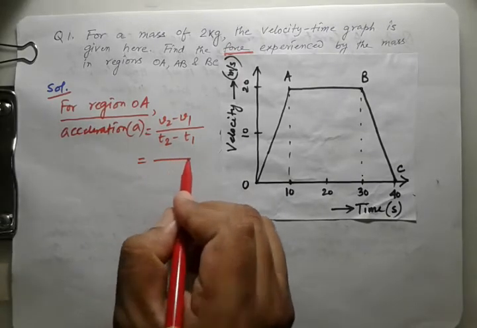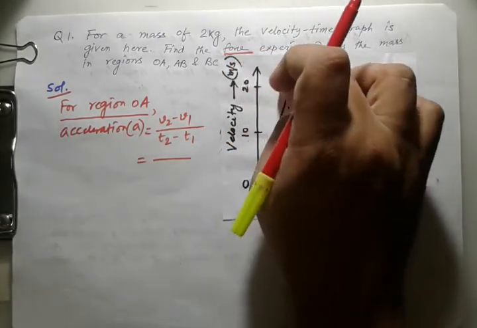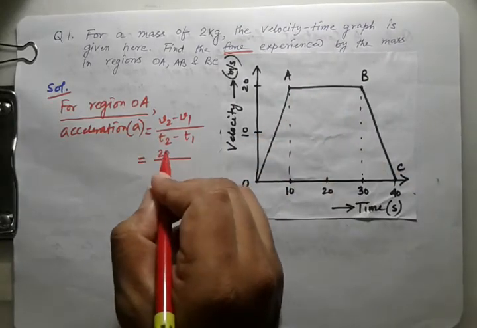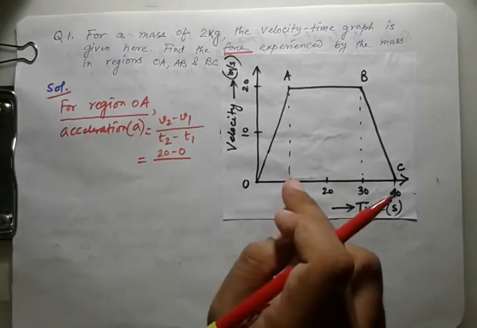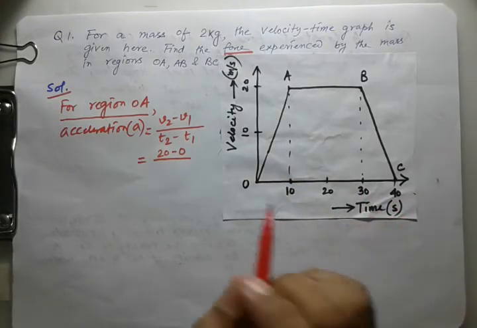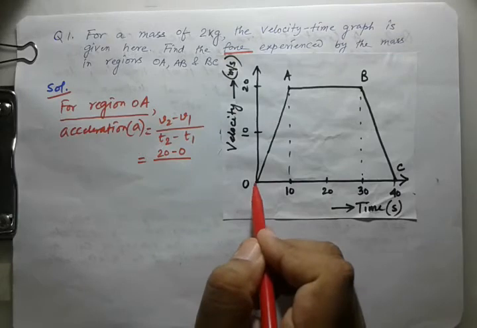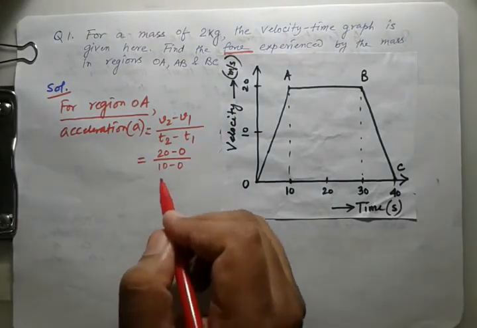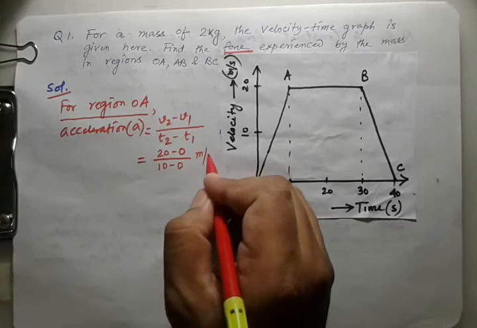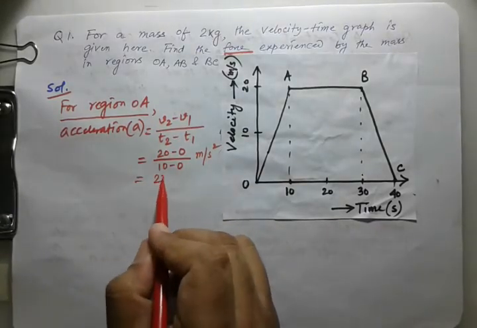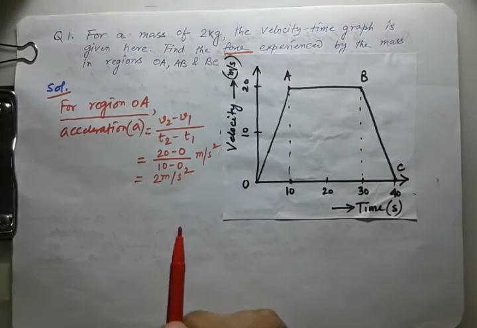So what is V2 here? You see that 20 is the maximum velocity, and the initial velocity was 0. So you can write 20 minus 0. The final time was 10 seconds, and the initial time was 0, that is the origin. So you write 10 minus 0, in meter per second square. What will we get here? You will get 2 meter per second square.